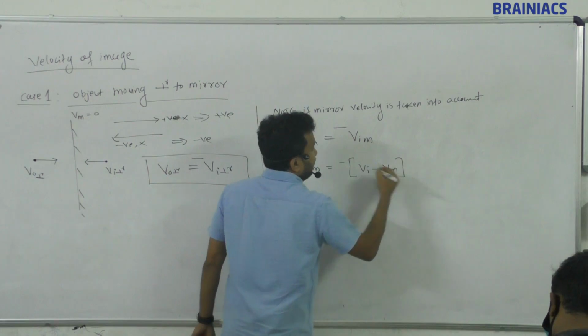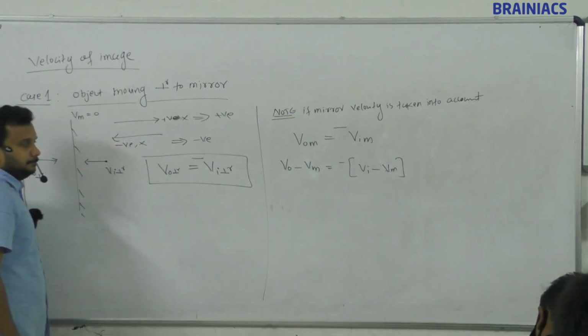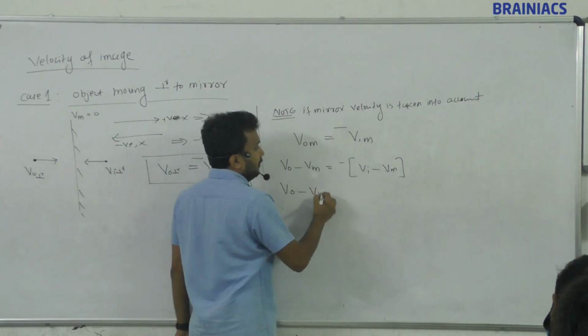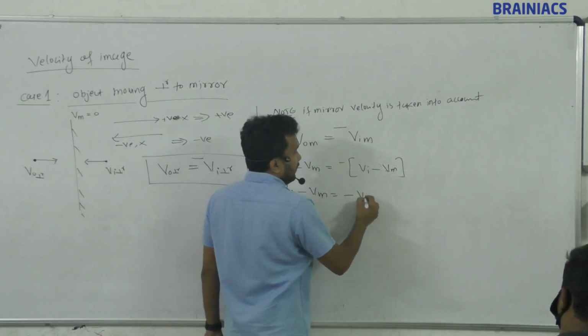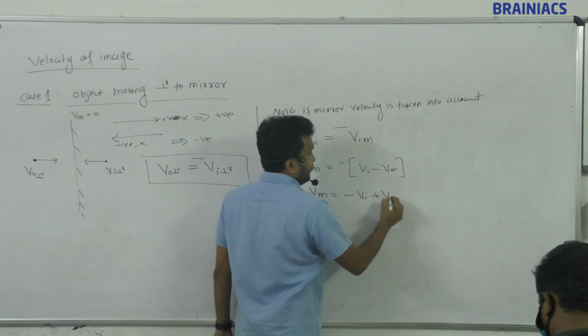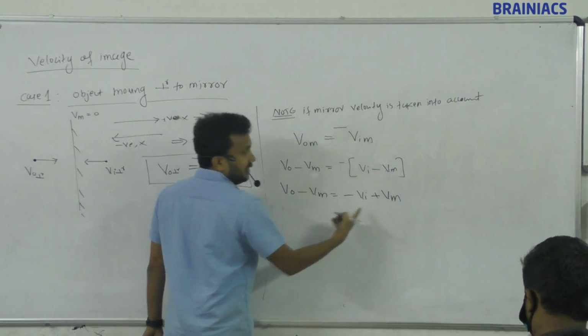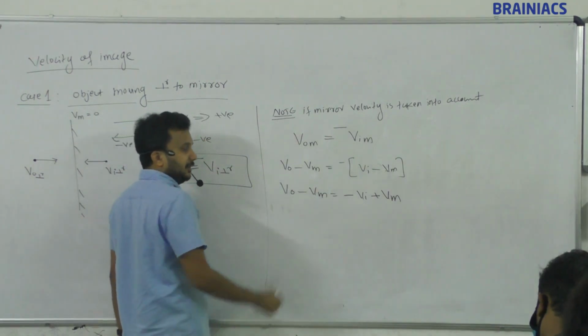This is for perpendicular motion. Always we are talking about perpendicular. So velocity of object minus velocity of mirror equals minus velocity of image plus velocity of mirror. So this Vm is taken to the right-hand side and Vi is taken to the left-hand side.